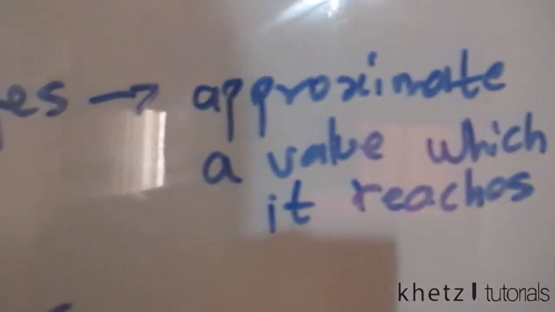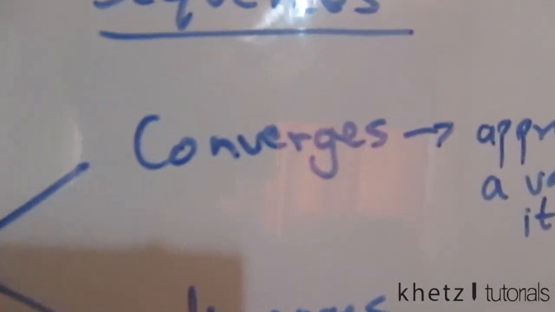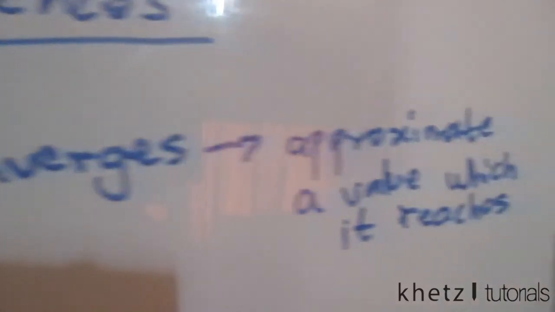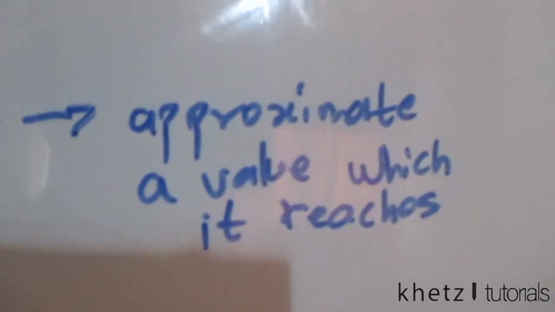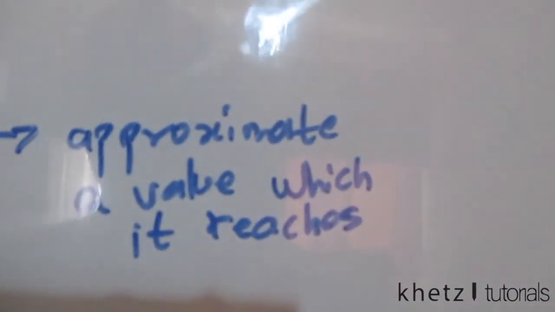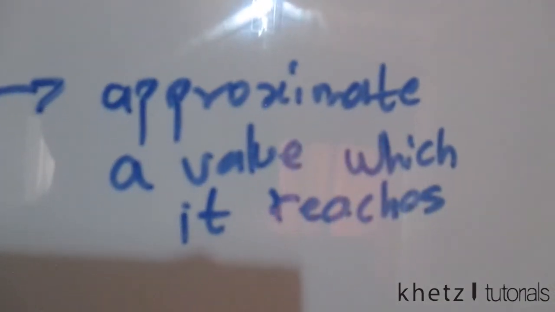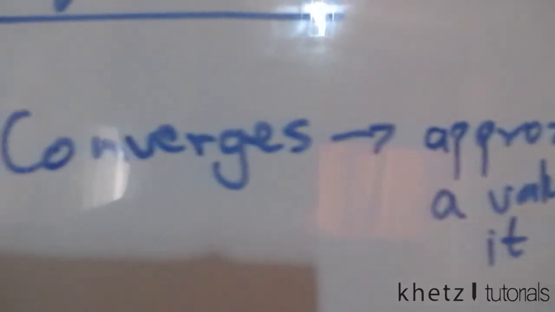So even if the geometric sequence is known to be infinite with no end, either grows or doesn't follow any particular pattern, if we can approximate a value, then we say it converges.